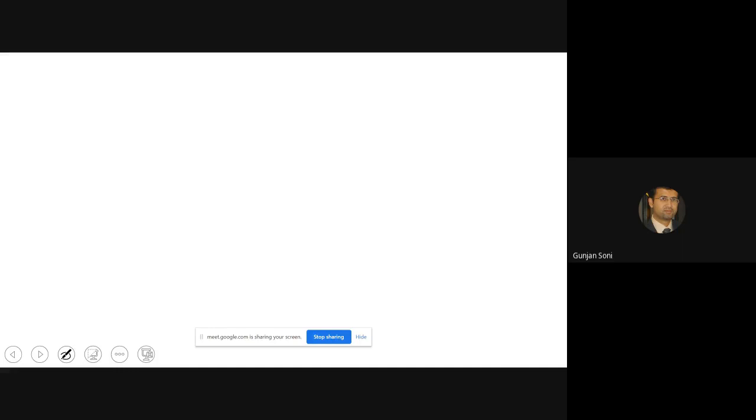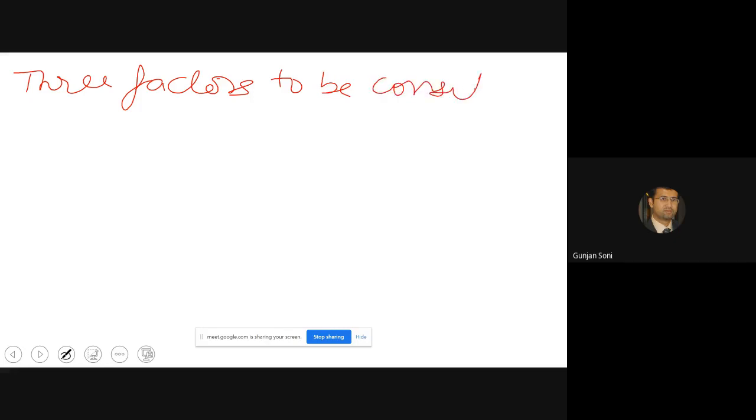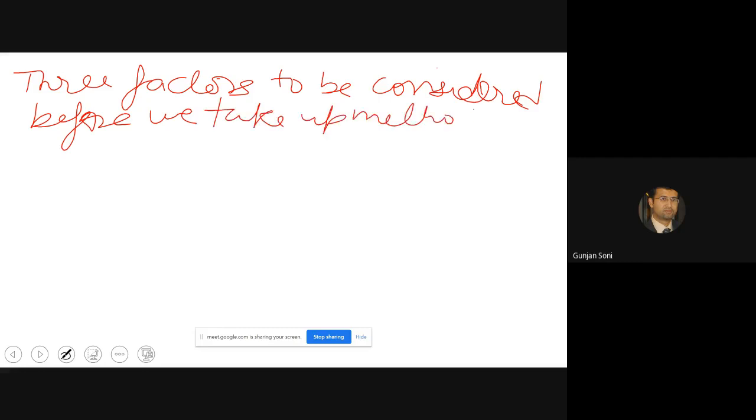So broadly, it has been said that there are three factors which we should consider before we take up method study, or you can say work study.